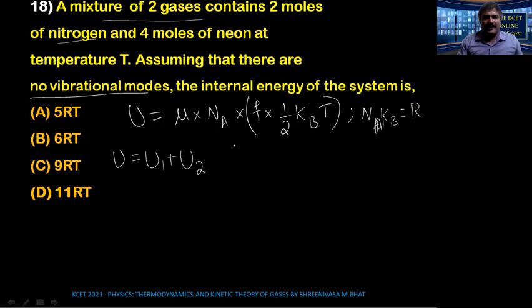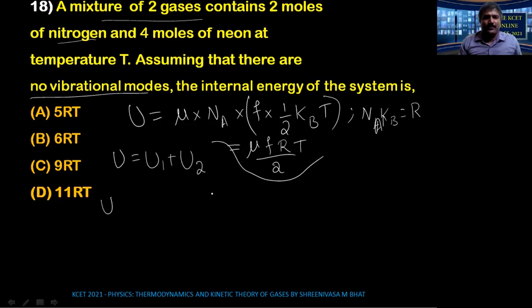Then we can write this formula: mu into Na into Kb is R. So mu into F into R into T divided by 2 is the internal energy of any one kind of gas. So there are two gases, a mixture of two gases.